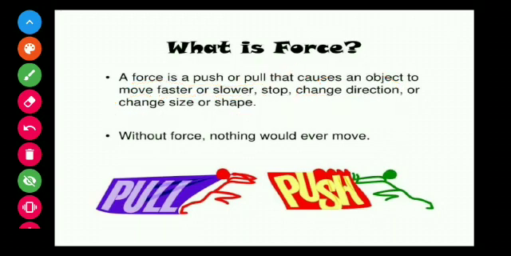For example, suppose here is an object and this object moves in this direction. This is the direction of motion of the object, and we apply a force in the opposite direction of this motion. This is your applied force.